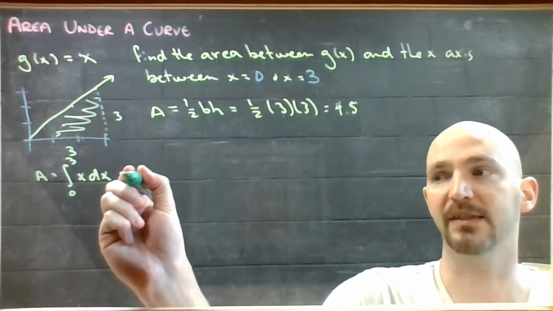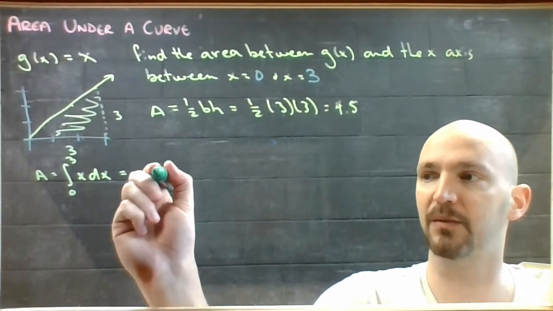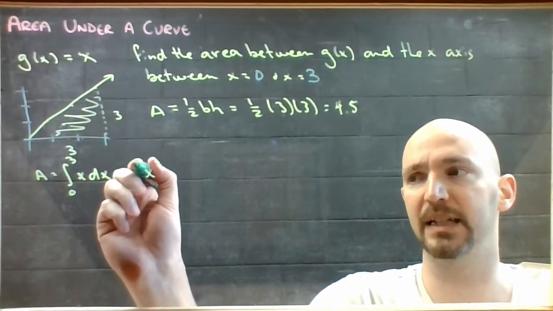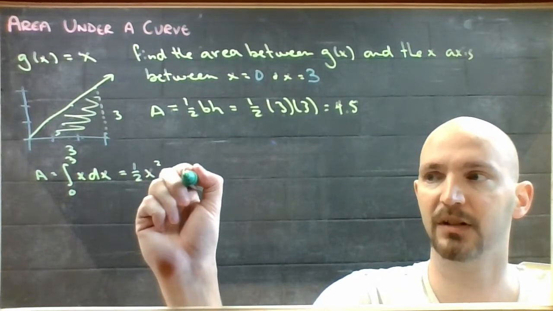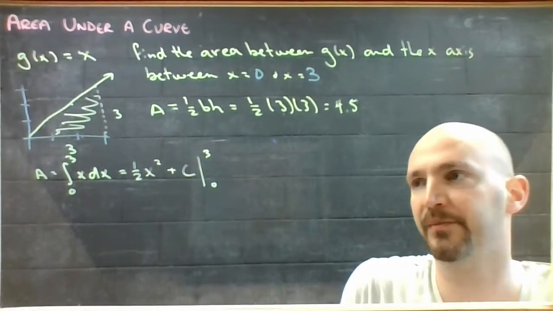So you ask yourself, what function has x as its derivative? Well, x squared would give you the x part, and I need a 1/2 in front in order for the coefficients to work out, plus your c, evaluated between 0 and 3.